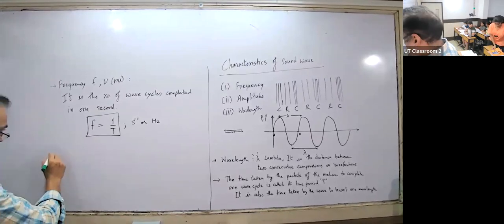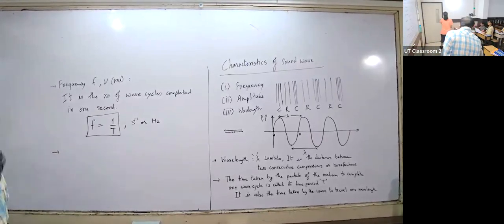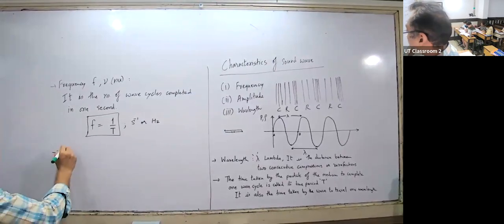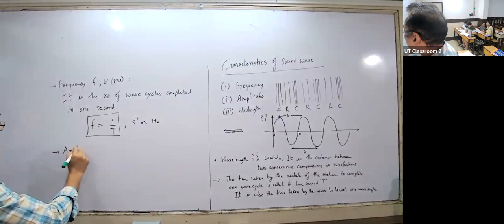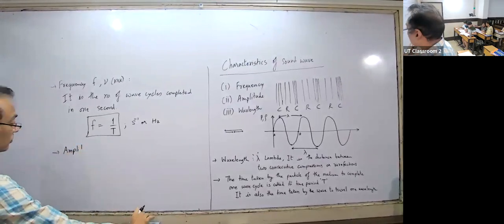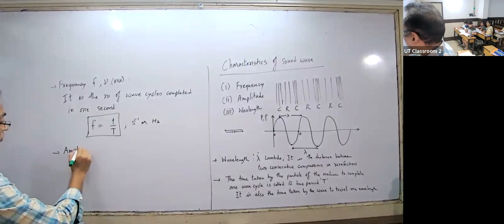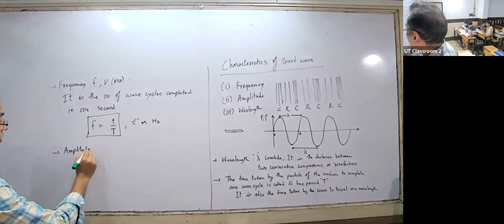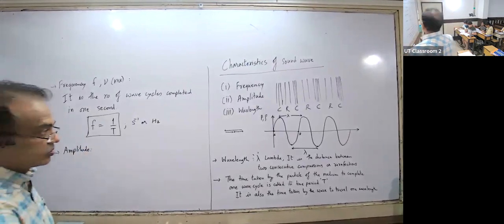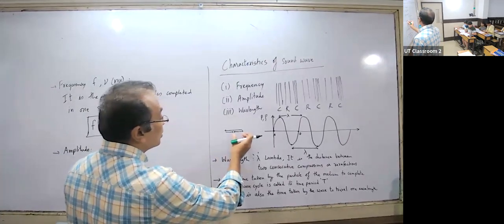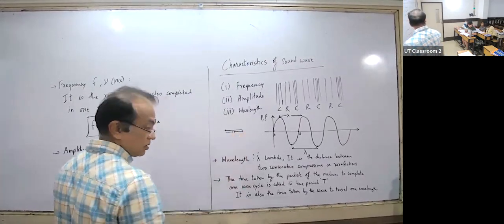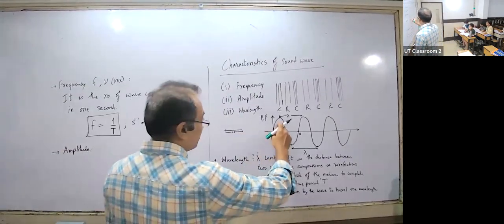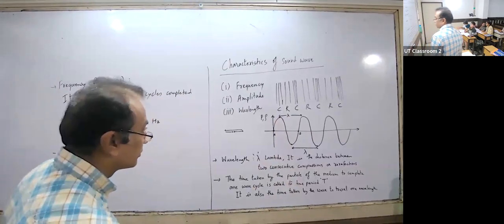Okay, now what is amplitude? The maximum displacement which the particle undergoes from its mean position is the amplitude. And in terms of pressure, it is the maximum pressure, or density.